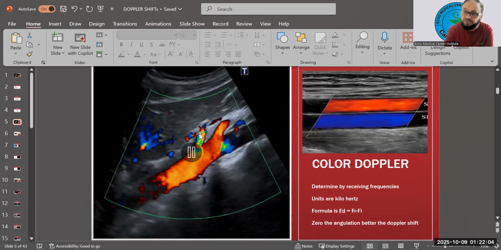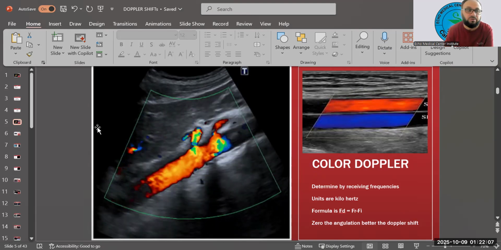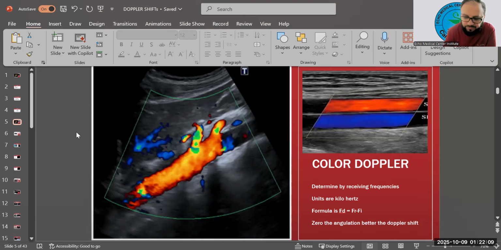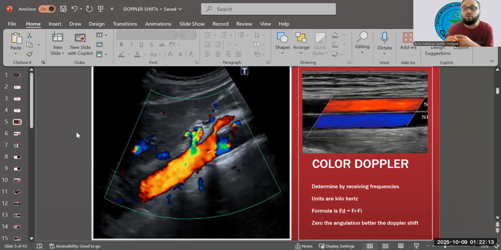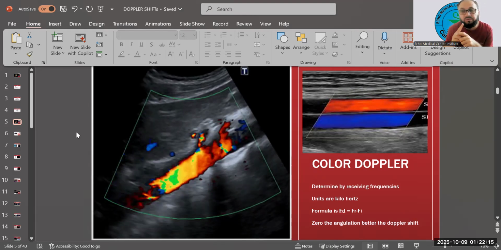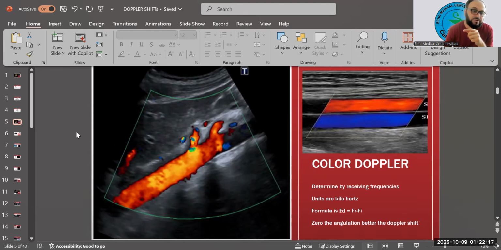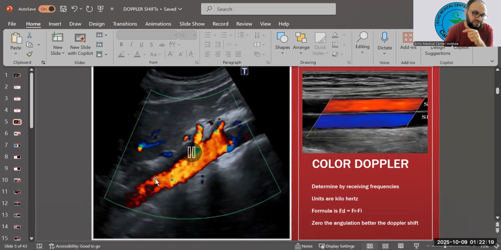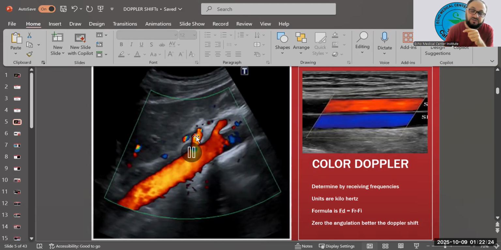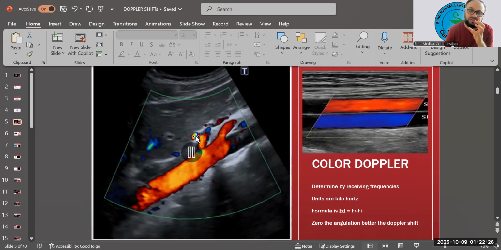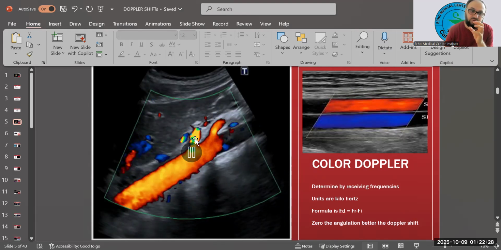And zero angulation means, because this also goes by the cosine, the cosine of zero is 1, and 1 means 100%. So remember, the Doppler shift we get here compared to the celiac trunk is little. The celiac trunk will give you full Doppler shift because you are closer to zero angulation.